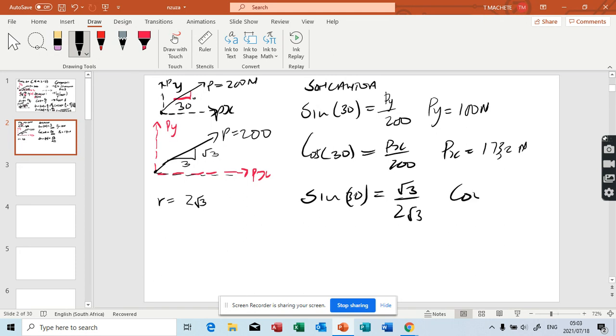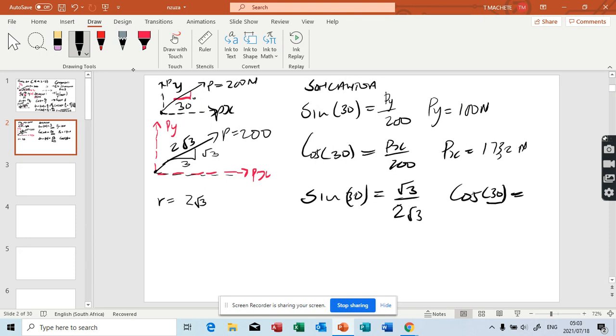And then instead of writing cos 30 or cos theta, we use the minor right angle triangle. Here we got 2 root 3. We are not given that angle 30, so now we need to use the minor right angle triangle.